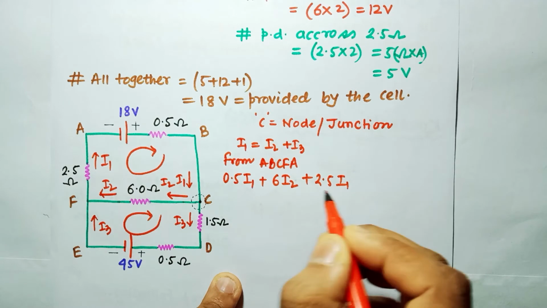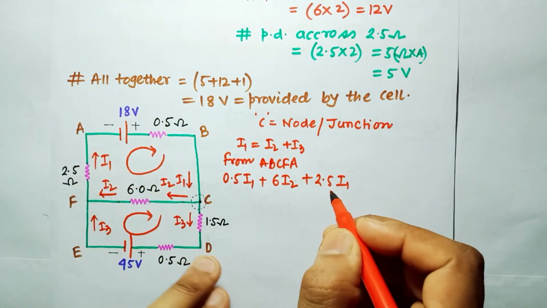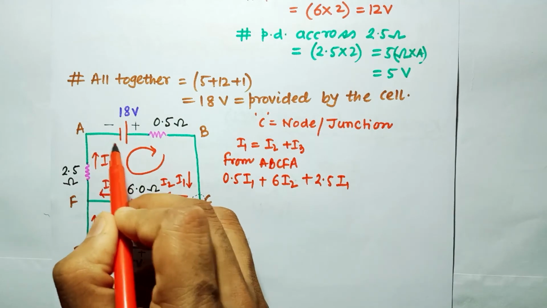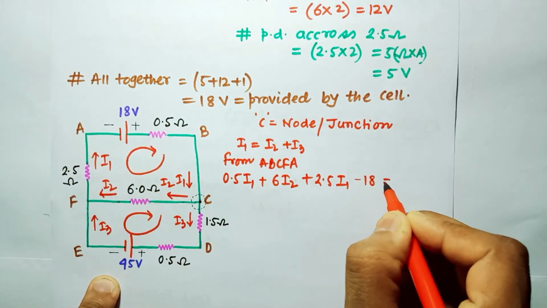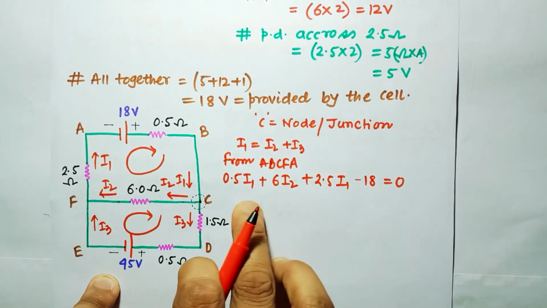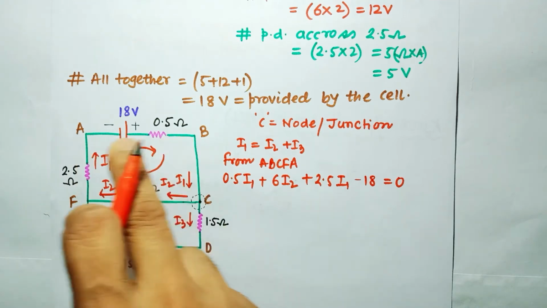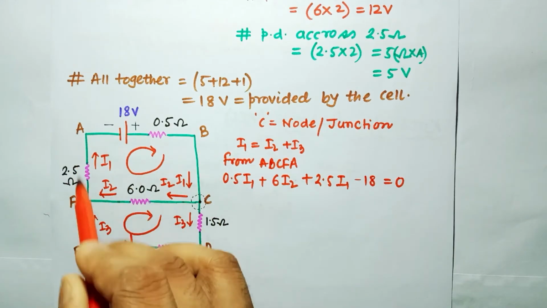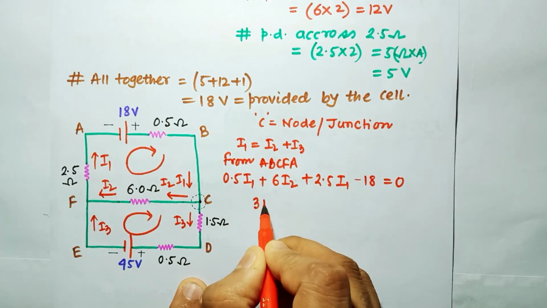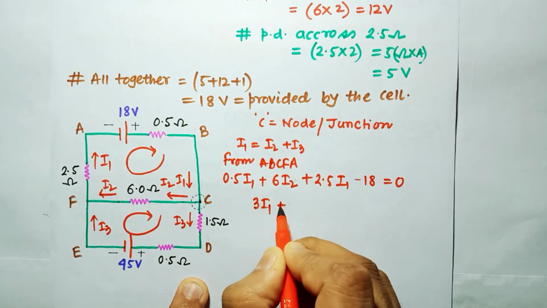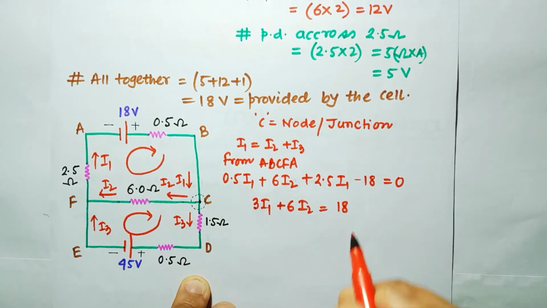In this direction the current is also I1 in the 2.5 ohm branch. So now I see the negative terminal of the battery, so it will get minus 18, is equal to 0. So this is the total voltage drop if I traverse the loop in this direction for the loop ABCFA. So I will write it like 3.3 I1 plus 6 I2 is equal to 18. This is our equation number 1.